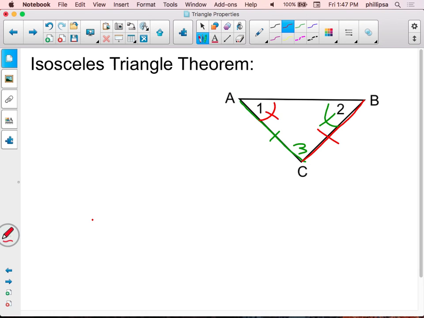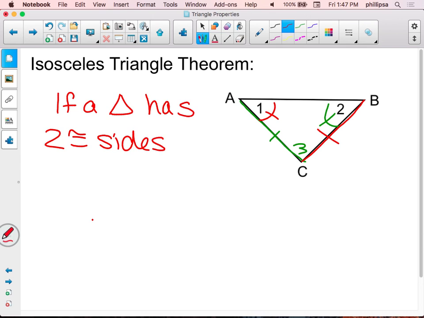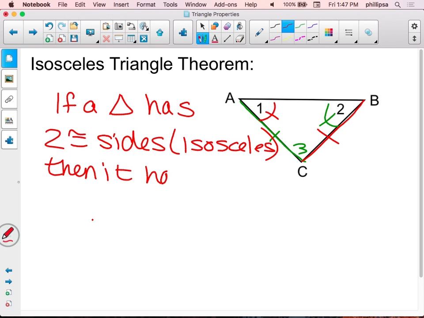Okay. So as a theorem, I'm going to still write it as a conditional statement. If a triangle has two congruent sides, then it has two congruent angles. But specifically, they are across from the two congruent sides.